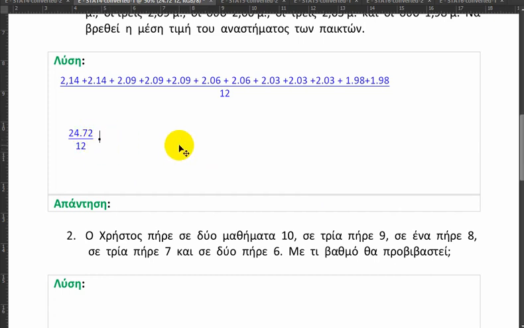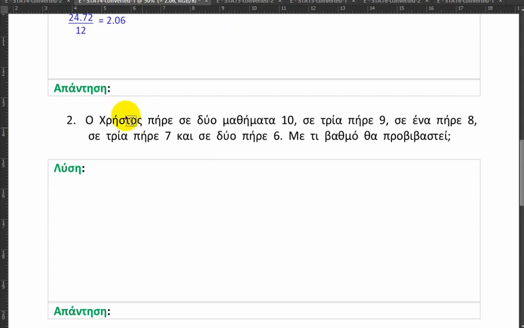This whole thing divided by 12 is going to give us 2.06. All right, let's move on.